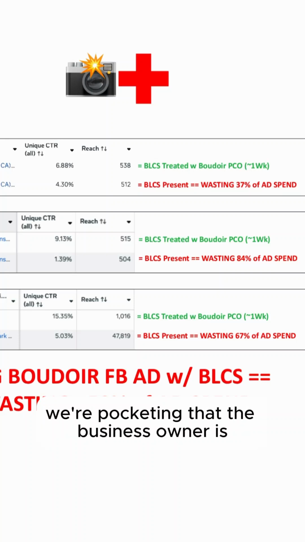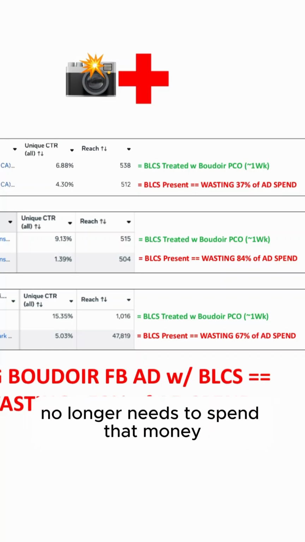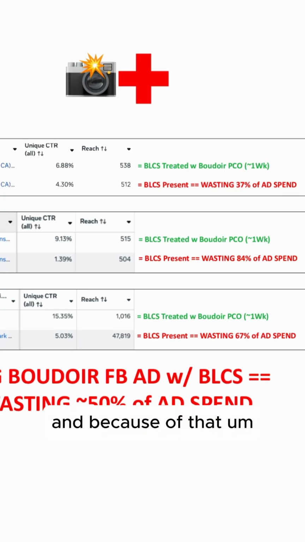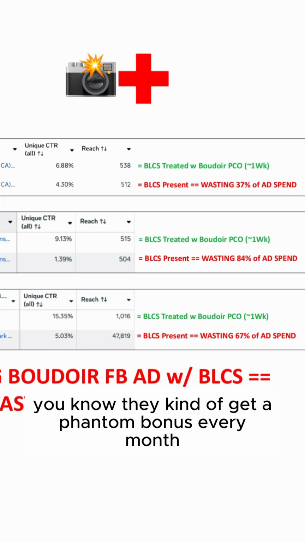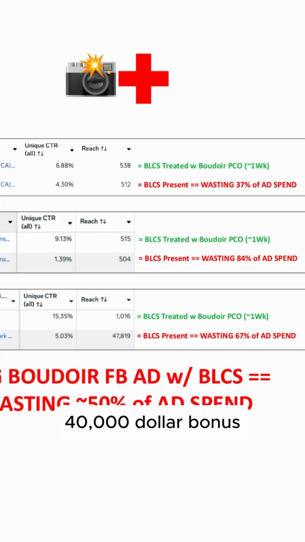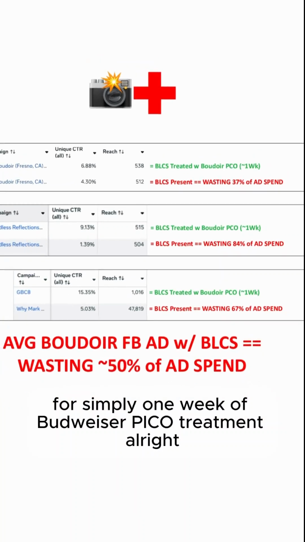The business owner is pocketing that by simply not needing to spend that money anymore. And because of that, they get a phantom bonus every month, or at the end of 12 months, they're getting like a phantom $40,000 bonus. But it was simply 1 week of Boudoir Pico treatment.